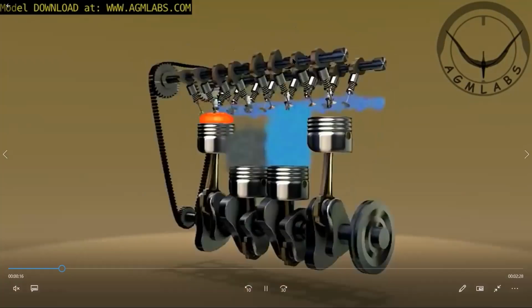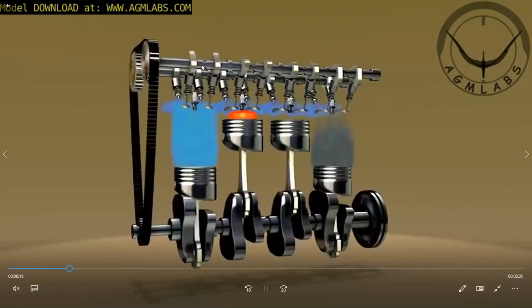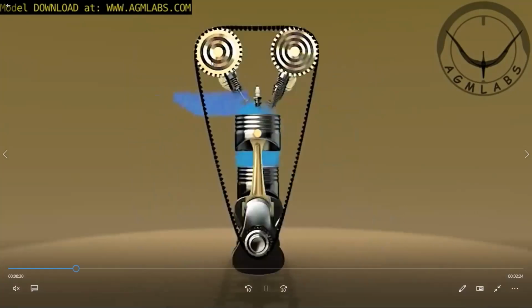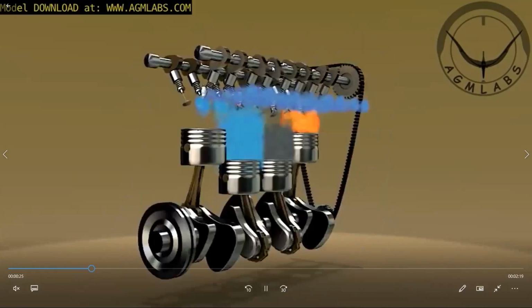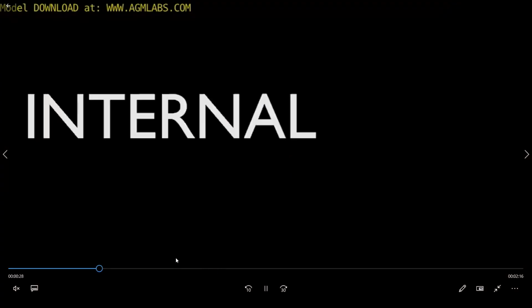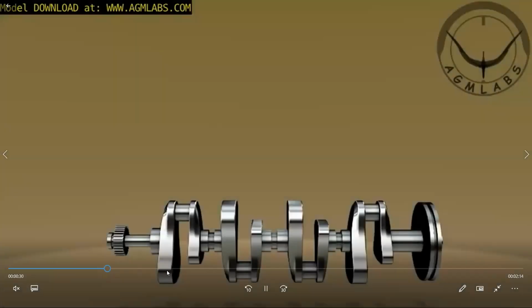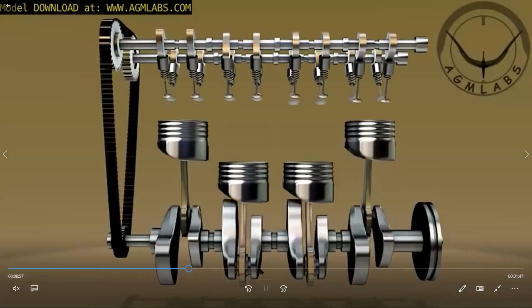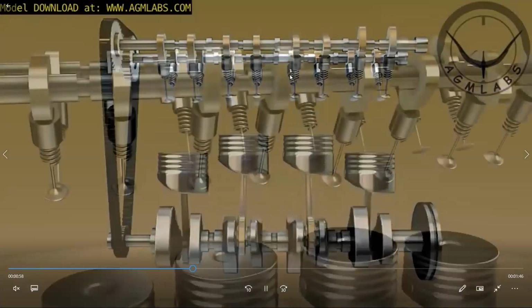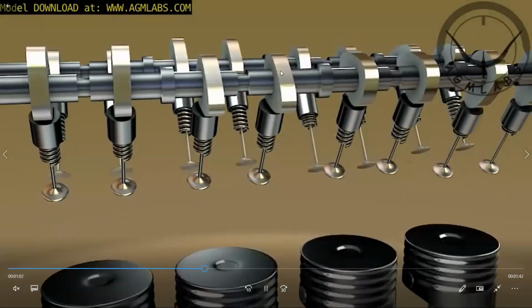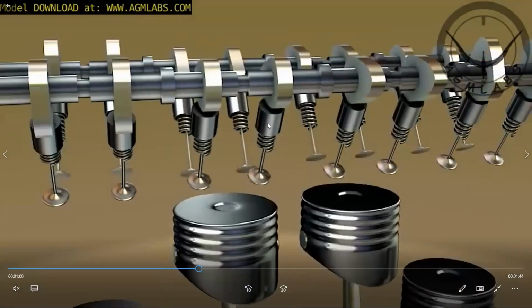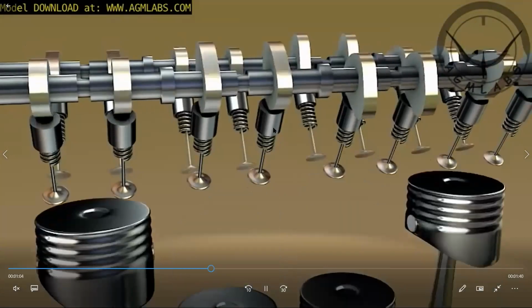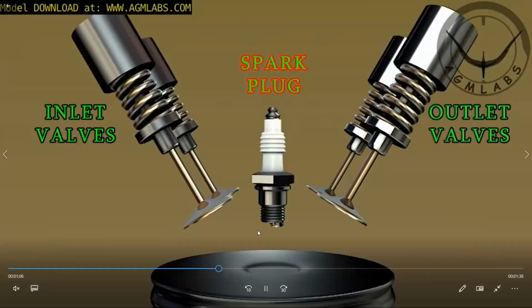You can see this. This is the camshaft. Different cams are mounted on it. When they rotate like this, depending on the shape of the cam, the valve will be opened and closed automatically.